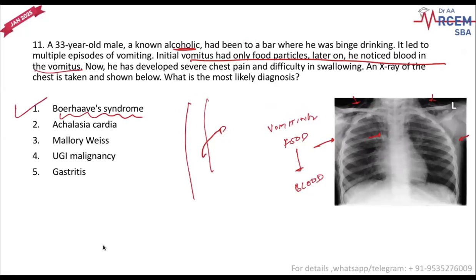So this is a classical history and X-ray of Boerhaave syndrome. Aspiration will not cause subcutaneous emphysema, and aspiration will not cause blood, so it cannot be aspiration.